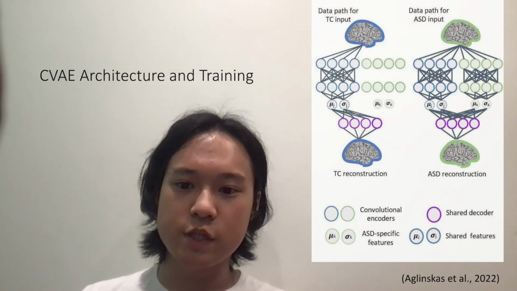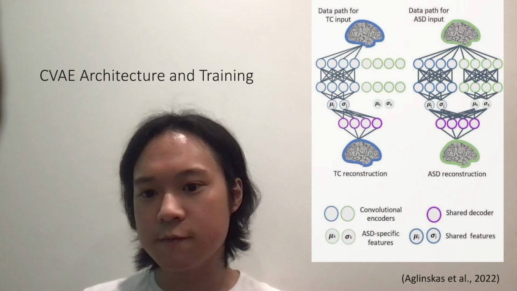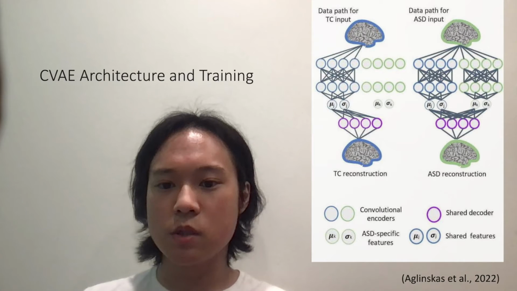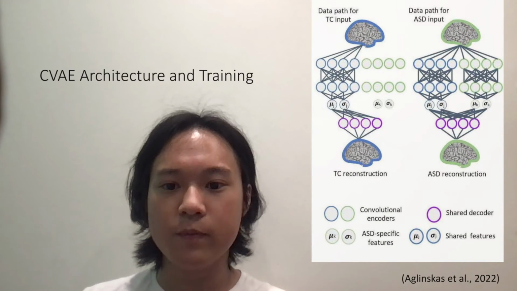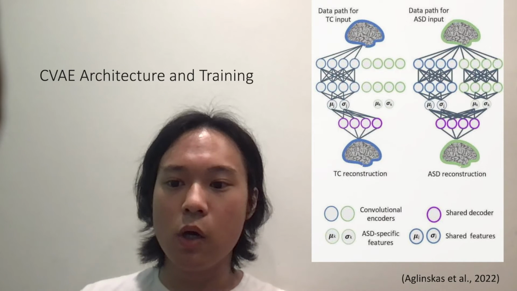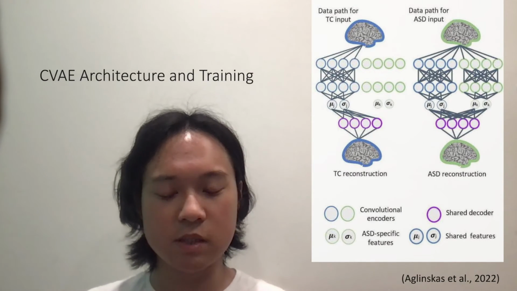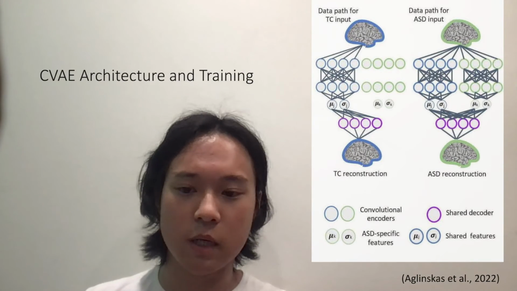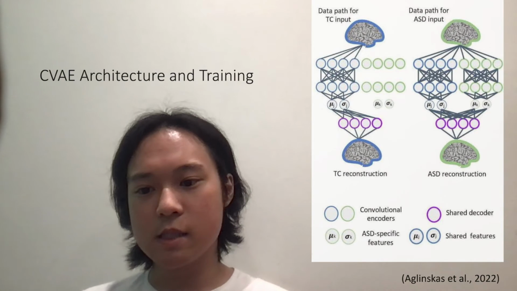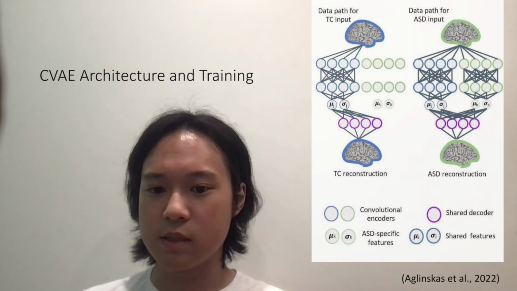If you find it hard to justify why the data path should look like this, then think of typical controls, which the model learned the shared features from, as the background of a picture, and ASD subjects, which the model learns both the shared features and the ASD specific features from, as a picture with both the foreground and the background.